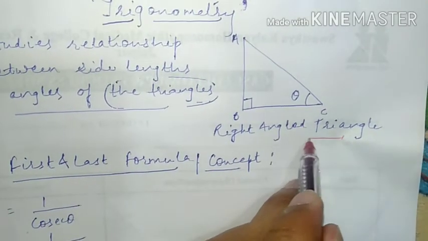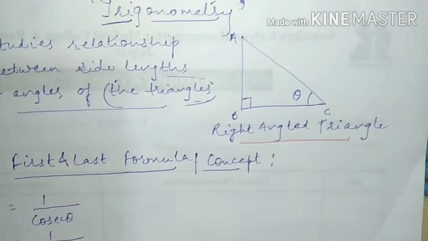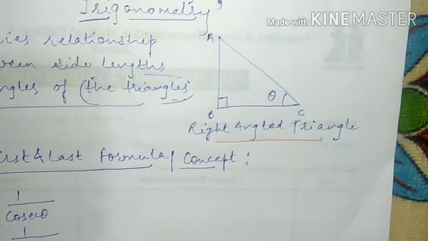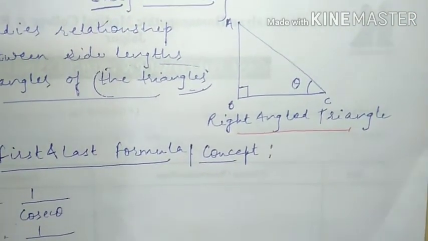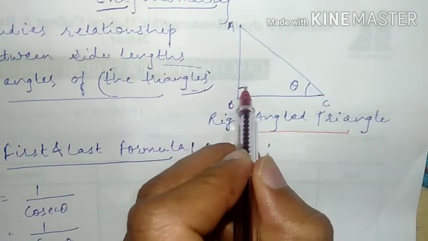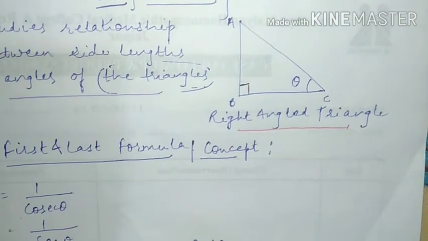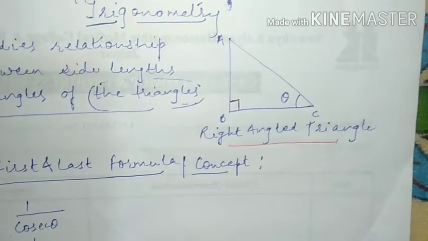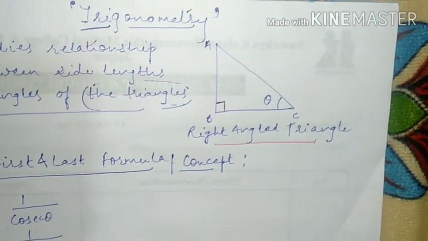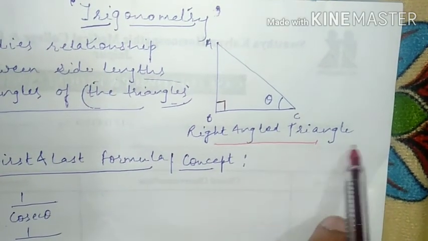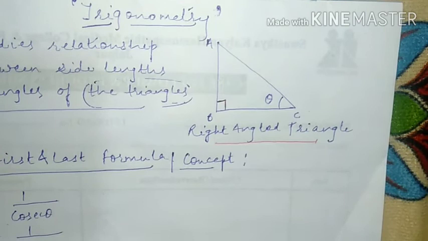You must have heard the name of this triangle. The triangle whose one of the angles is 90 degrees is referred to as a right angle triangle, right? This one. So this angle is 90 degrees. So if one of the angles is 90 degrees, then we call this triangle a right angle triangle. So this trigonometry revolves around this kind of triangles, that is right angle triangle, right?